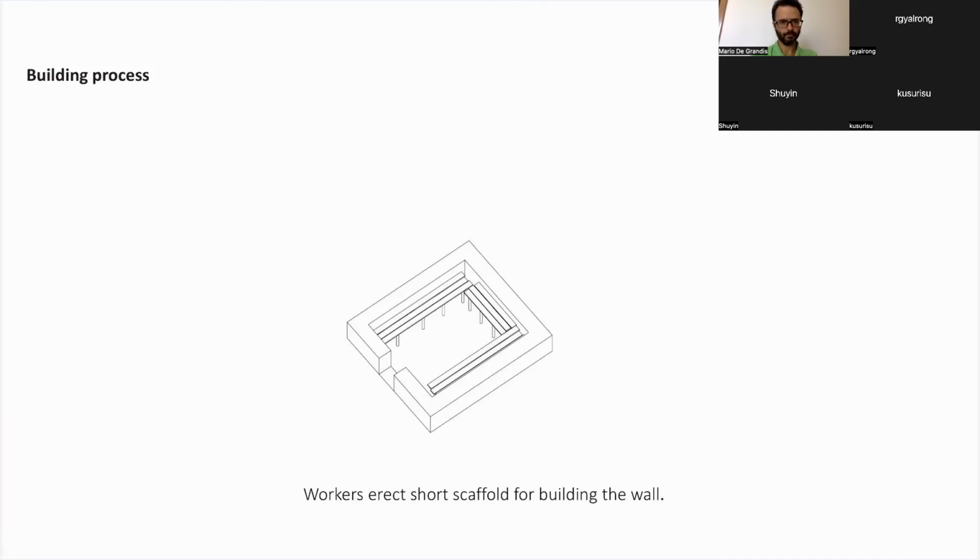With such a low height, women who are responsible for carrying mud and loads can easily transport them to workers standing on the scaffolds so that they can build the walls higher and higher.